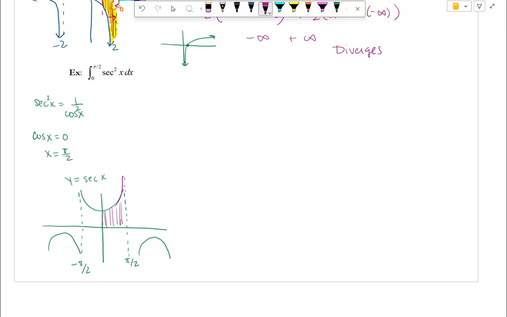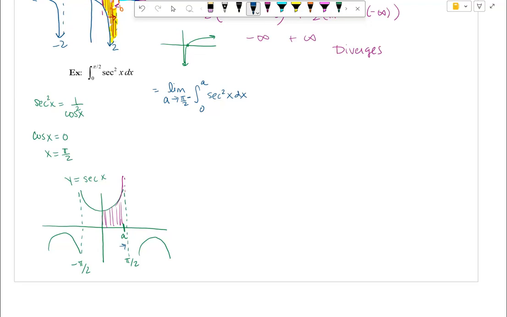So again, we are unbounded. So I'm going to choose a constant. I'm going to call it a, and a is going to be really close to pi over 2. So I need to think of this from 0 to a, I'm going to integrate secant squared x dx. And again, we're going to limit this so that a approaches pi over 2, and we are approaching pi over 2 from the left.